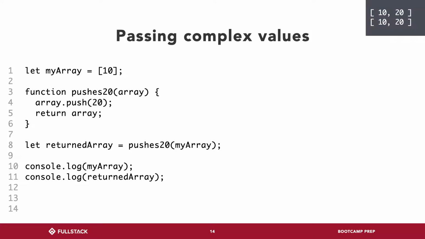myArray is now 10, 20 as well, because you're passing in a reference, not the actual value. The value is somewhere else. So if you pass in the reference to that, myArray is getting updated.